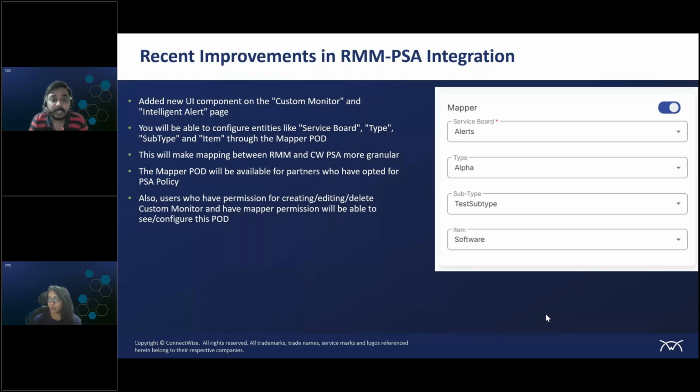So in case any ticket gets generated against that custom monitor or intelligent alert, a ticket will get synced to your ConnectWise PSA service board, which is configured under the mapper service board, along with information such as type, subtype and item. This mapper information is available for partners who have opted for policies.